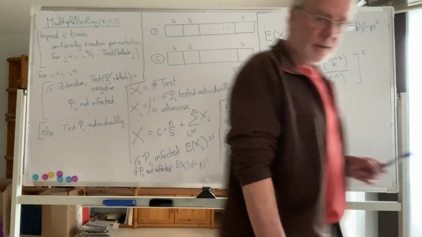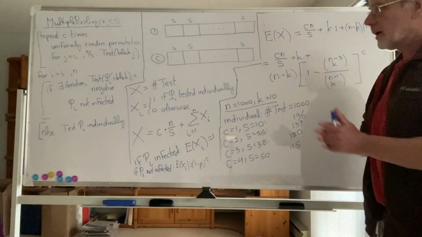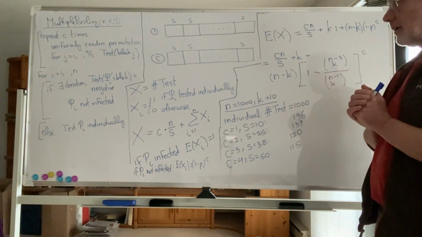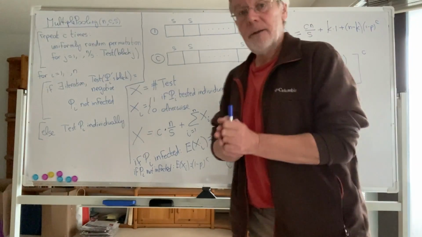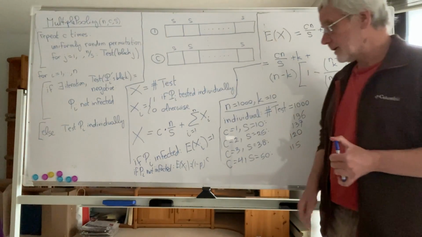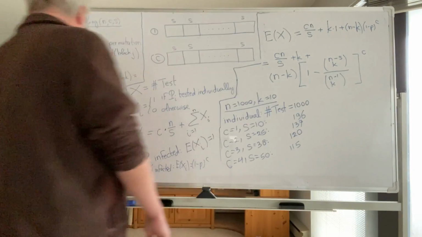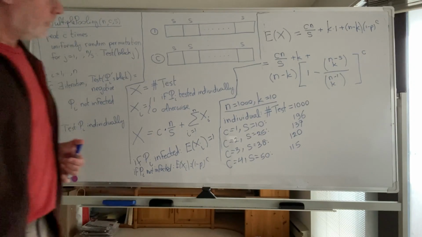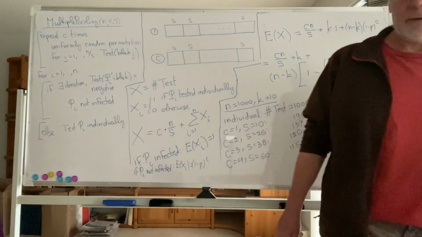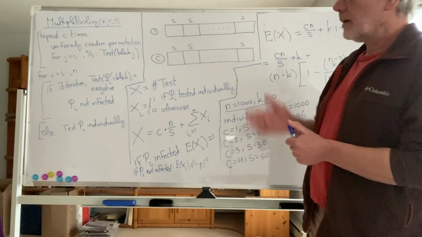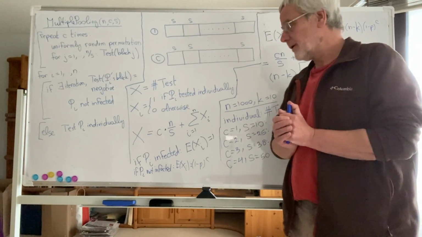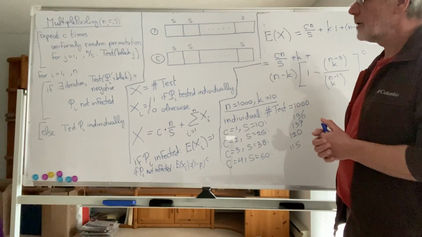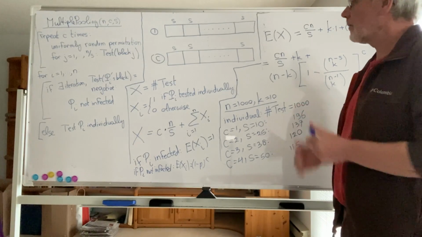Okay, so this was how you can use indicator random variables, and how we can use linearity of expectation to solve a problem that occurs in the real world. So I have shown you single pooling. This was invented in 1943, and this is actually used. It's a very simple idea, but very powerful.